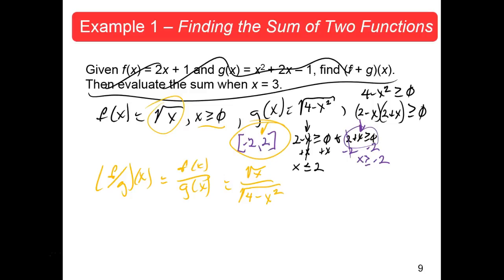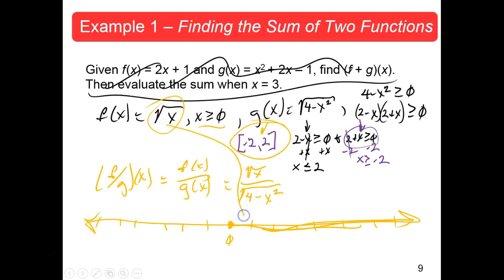Y'all want this in orange, or should I go to something else? Okay, we'll do it here. So here's our 0, 1, 2, 3, 4, 5, 6, 7, negative 1, 2, 3, 4, 5, 6. The domain of f was x greater than or equal to 0.